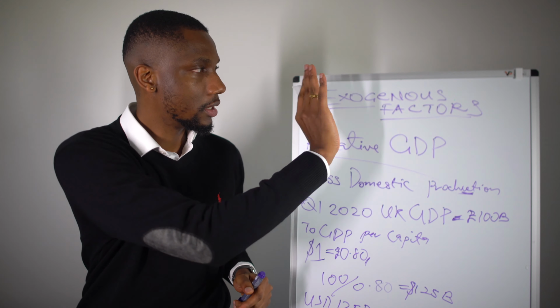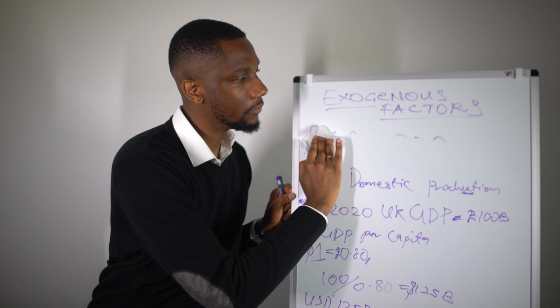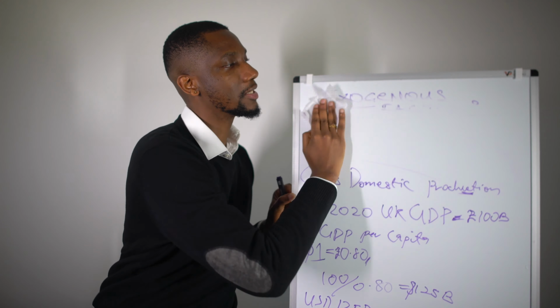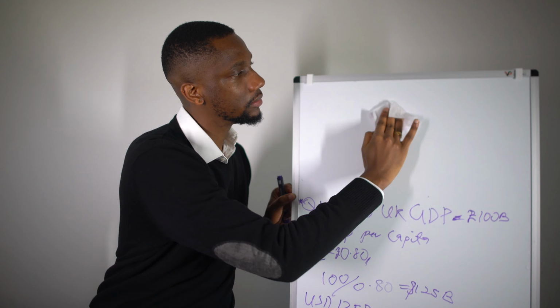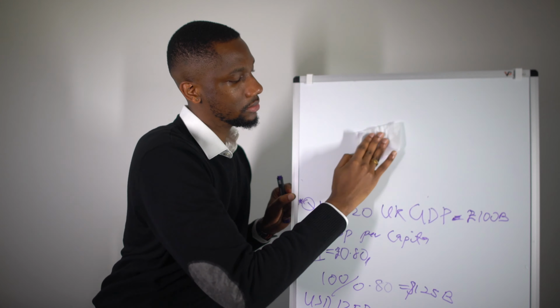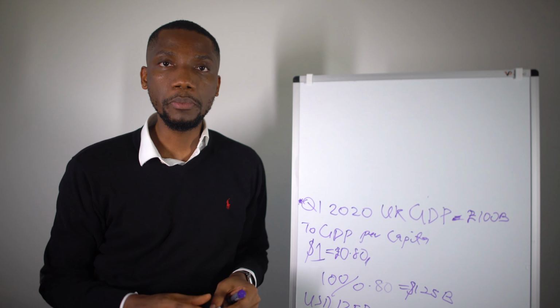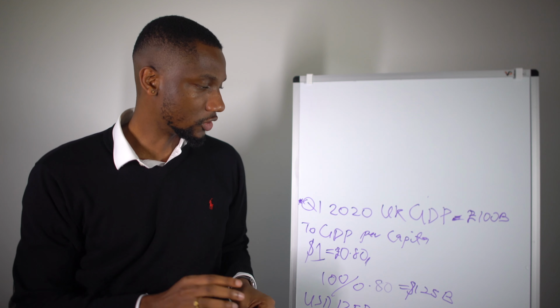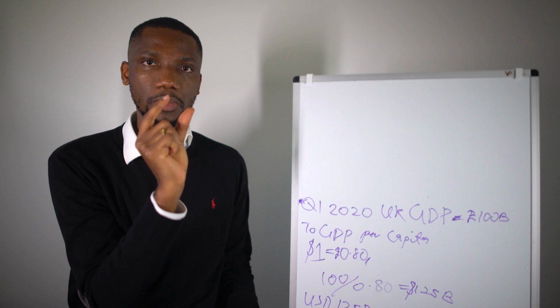So I'm going to wipe the top of the board and then continue with the second step. Second step is very simple. What you need to do with the second step is to then convert, or rather, get the number of how much, because remember we're looking for GDP per capita, which is for the end user in that economy.